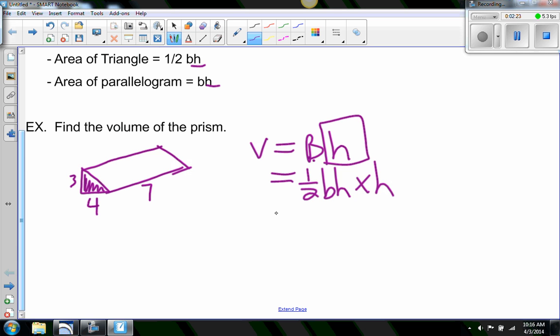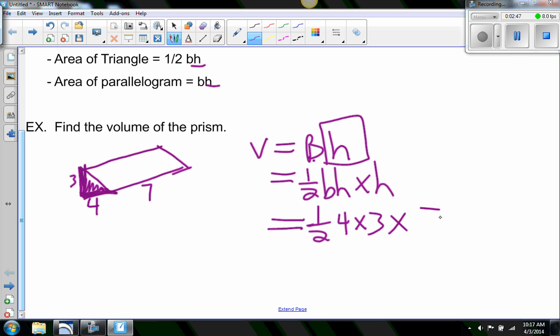So I'm just going to continue plugging my numbers in here. The 1/2 has to be there. It's part of the formula. The base of the triangle is 4, and the height of the triangle is 3, right here. It's a right triangle, so you know that these are the base and the height.